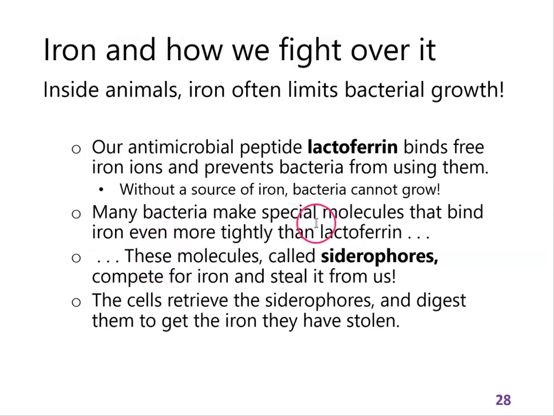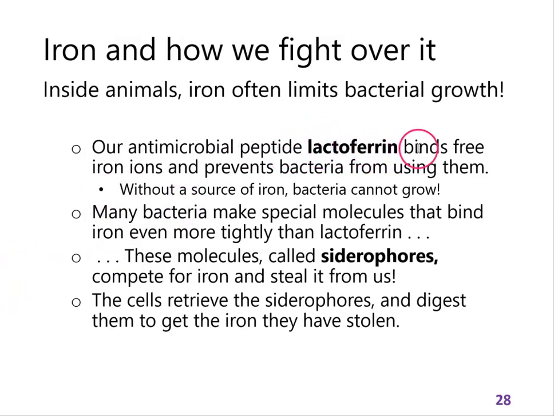So bacteria make special molecules to steal it called siderophores. We make a special molecule to steal it first, lactoferrin. So this is actually part of our innate immune system. We just secrete this from mucous membranes, and it binds free iron and prevents bacteria from getting it. So that's really something.